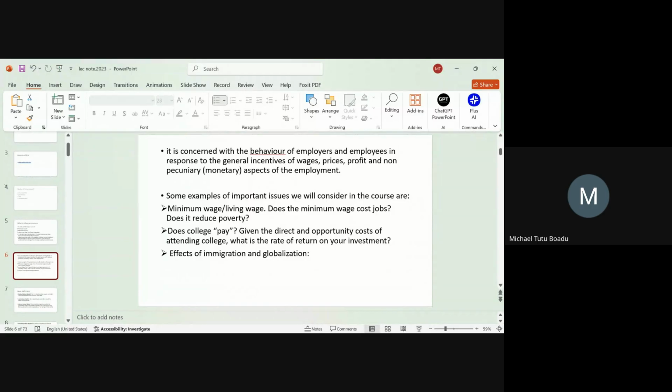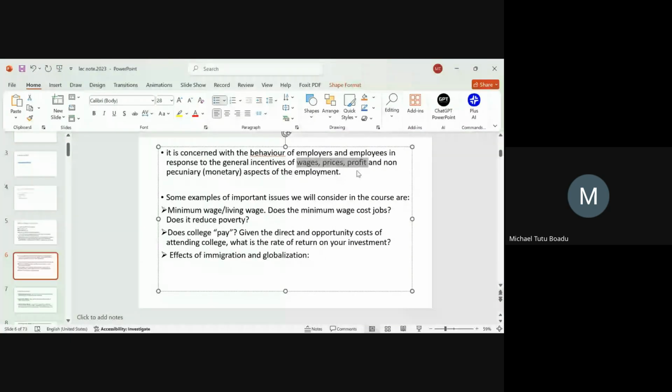So how workers behave and how employers behave with regards to how they construct wages, how they determine the price of what they are using labor to produce, and the profit they have to make as a result. These three variables, wages, prices, and profits, determine employment. They determine the number of people that can be employed.